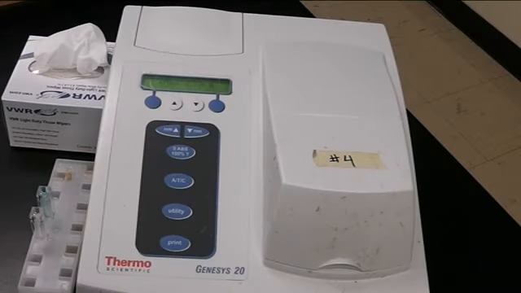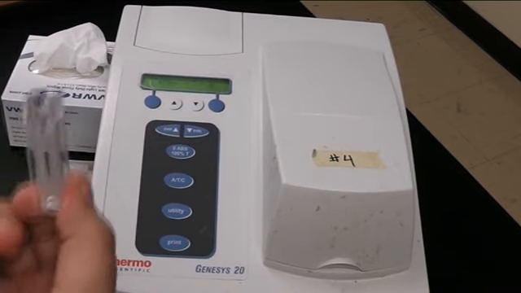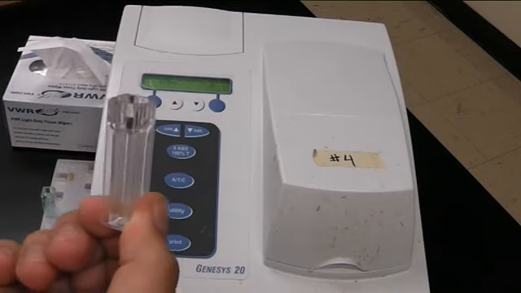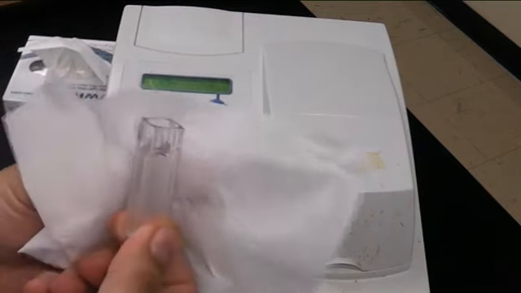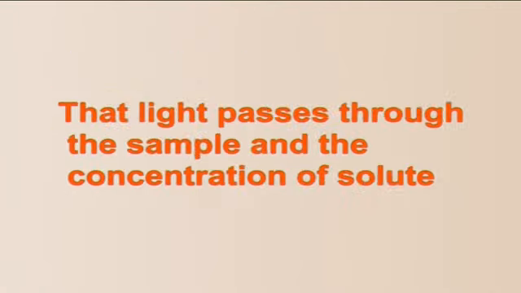From the absorbance, the concentration of sample solution can be determined from the Beer-Lambert's law, which states that there is a linear relationship between the absorbance and concentration of sample. According to the Beer-Lambert's law, absorbance is the product of extinction coefficient, the length that light passes through the sample, and the concentration of solute.